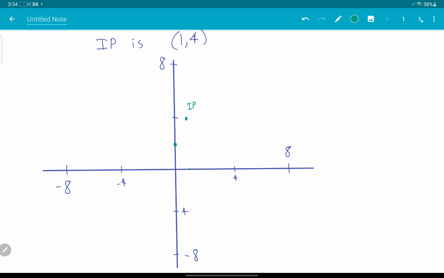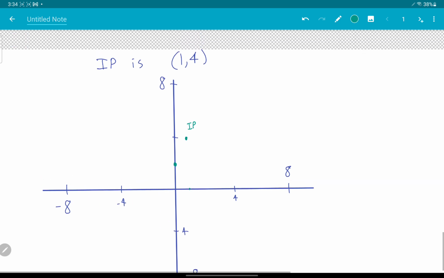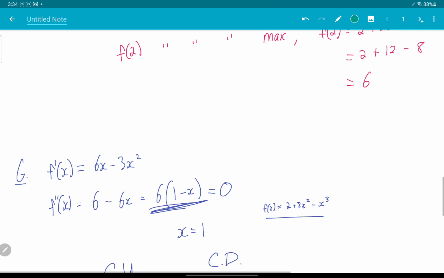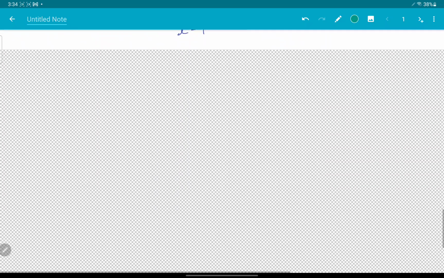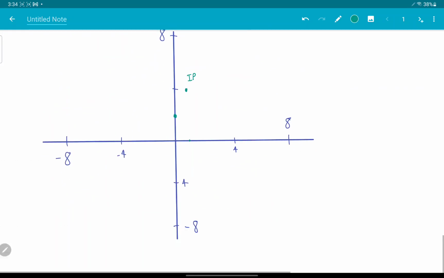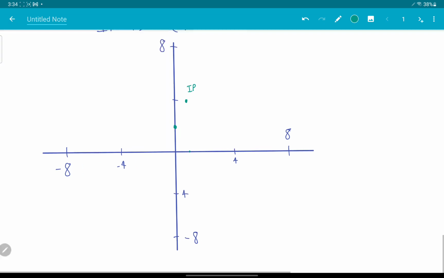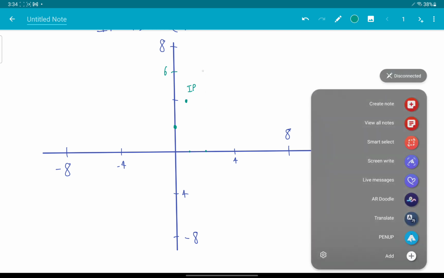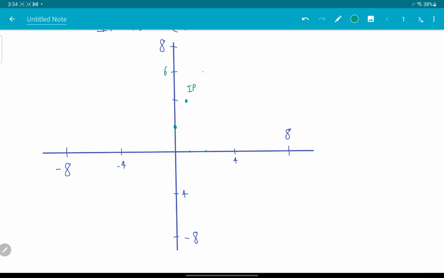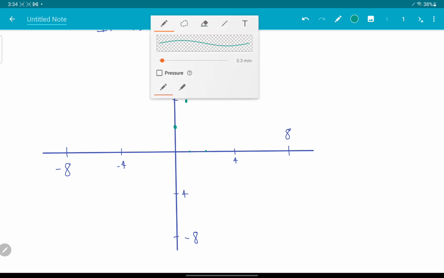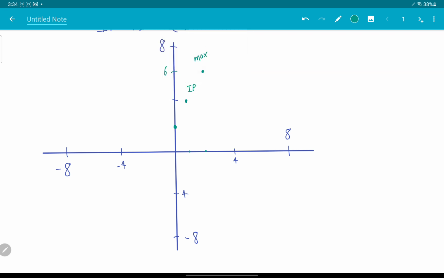And then I had a max at 2 and I believe it was 6. Let's double check. 2, 6. So 6 is up here, 2 would be here. So I'm going to put the max right there.